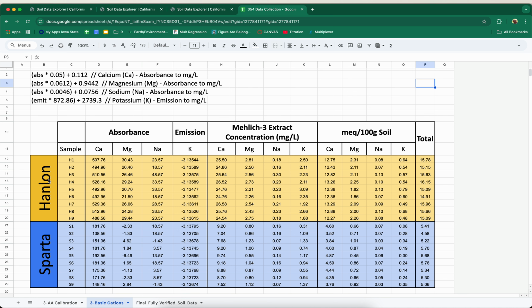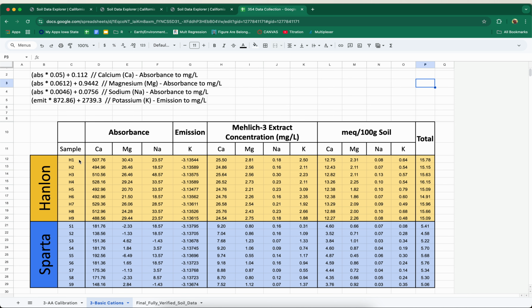So our Hamlin soil, hopefully it's easy to see in the kind of goldenrod yellow there. We had a total of 9 samples across the 2 classes in the various groups. I used the exact same soils, so hopefully we maintain, and you'll see we did a pretty good job of keeping our variability down.